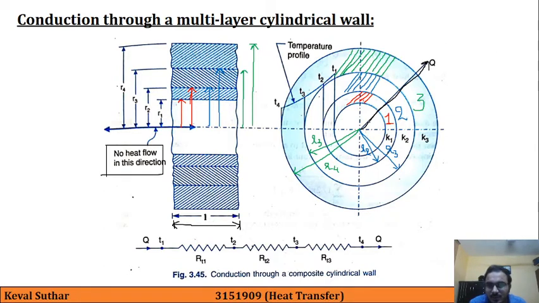So obviously the heat flow will be from inner to outer side, and for these three layers, according to their thermal conductivity and radius value, there will be the thermal resistances RT1, RT2 and RT3.